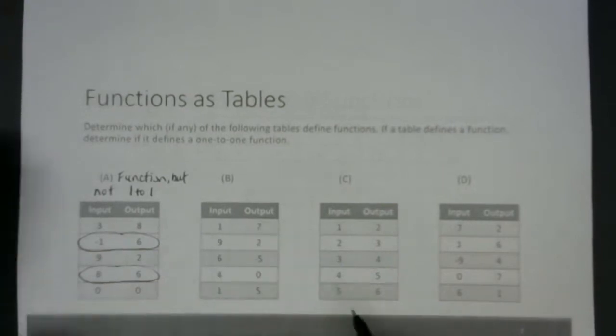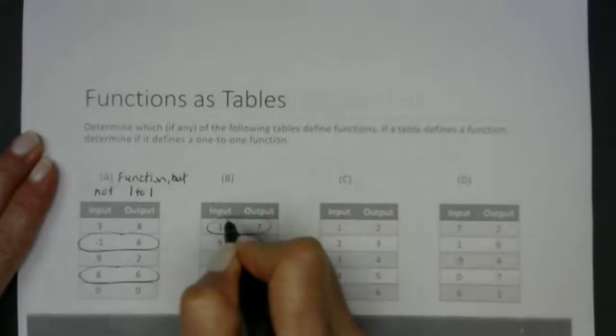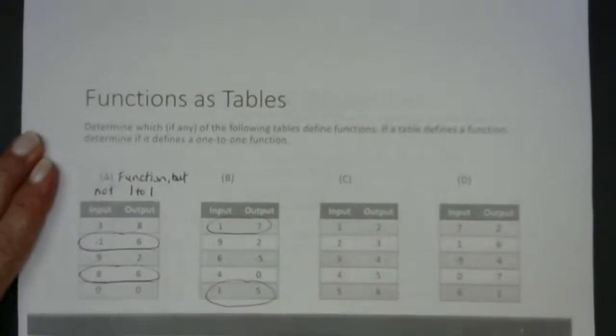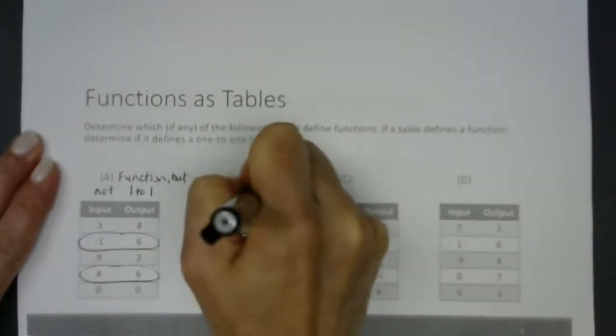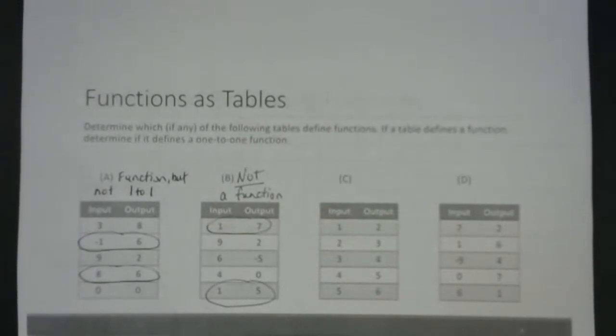Because that same input resulted in 2 different outputs, I have to say that this is not a function. We might call that a relation between inputs and outputs, but it's not a function because it's not unique. Each input does not uniquely result in one output.